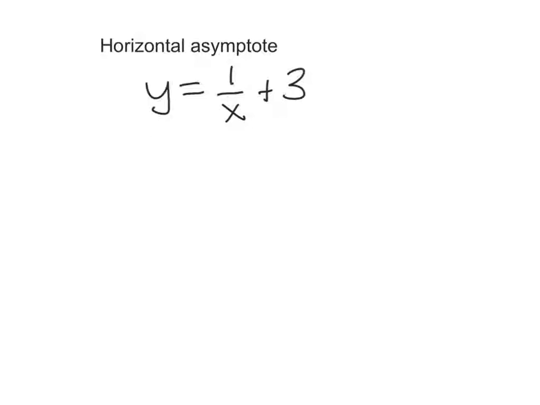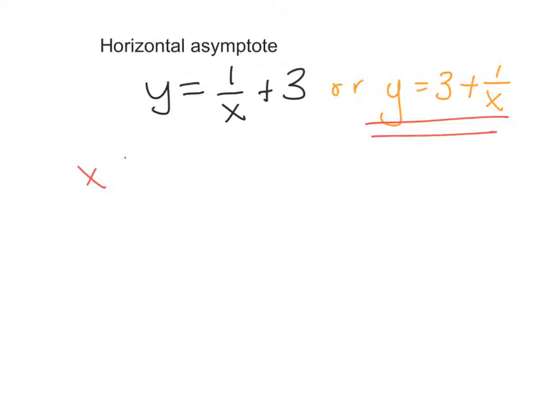Now, another important example when thinking about horizontal asymptotes would be an equation like y is equal to 1 over x plus 3, which is going to be important to be read also as 3 plus 1 over x, just switching the order of the addition. Now, why? What we're thinking about here is looking at this format.